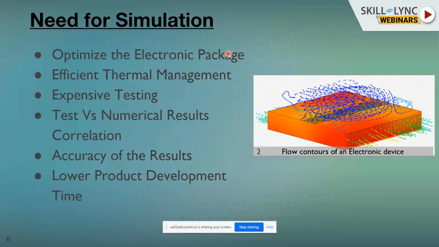In the sense that if we have a heat pipe of thickness 1 millimeter and also of 5 millimeters, testing is expensive, but we can design and simulate easily and see which is effective. So effective thermal management comes from simulation.